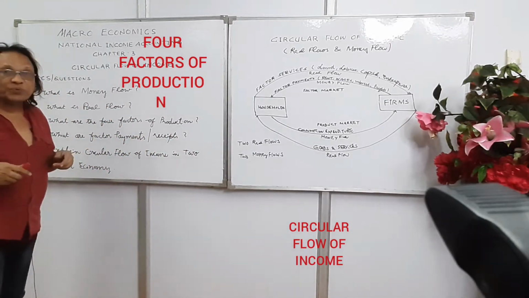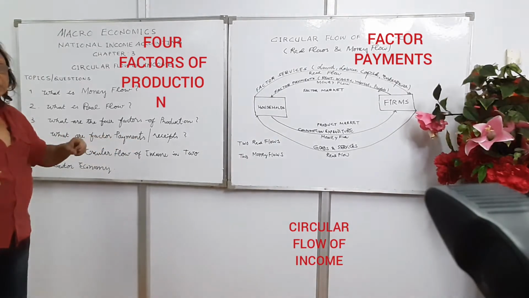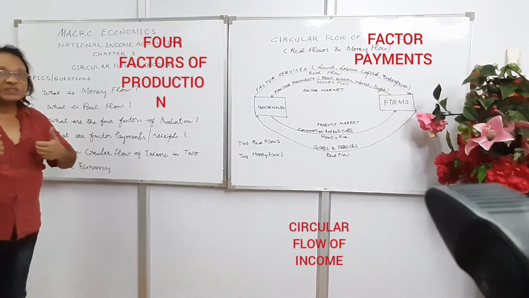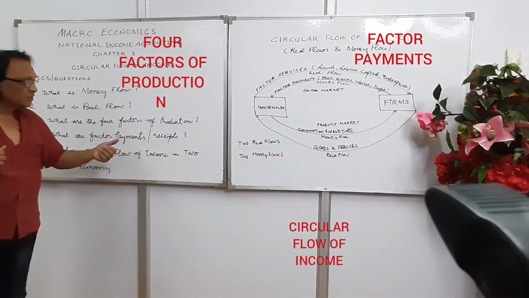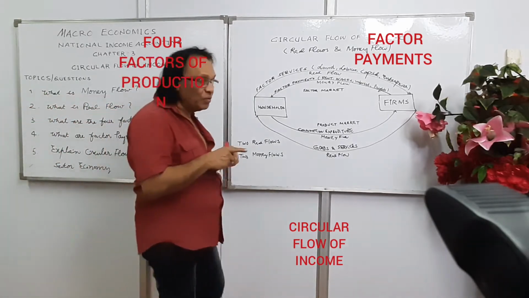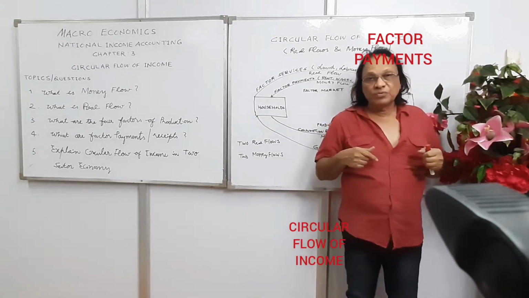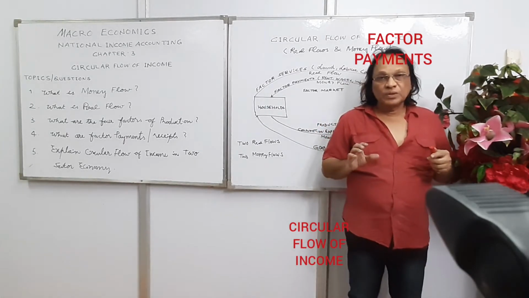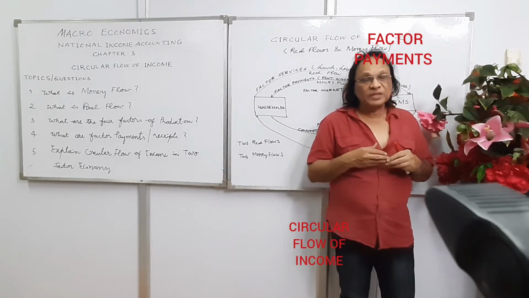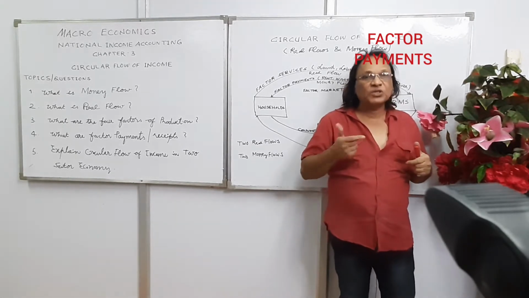When you use these factors of production, you have to pay them. That's called factor payments or factor receipts. When you pay someone, that is called factor payment. When people receive it, that's called factor receipts, factor incomes for them. What do we pay to these 4 factors of production? We pay rent to land, wages and salaries to labor, interest to capital, and profits to the entrepreneur.